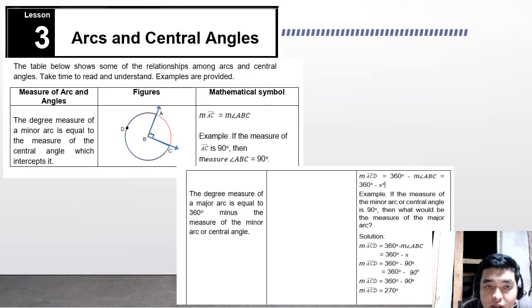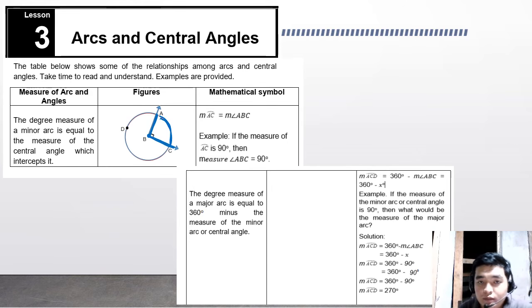If this is our figure, this is circle B, and our central angle is this one. Again, a central angle has its vertex at the center. The measure of angle ABC is equal to the measure of arc AC.